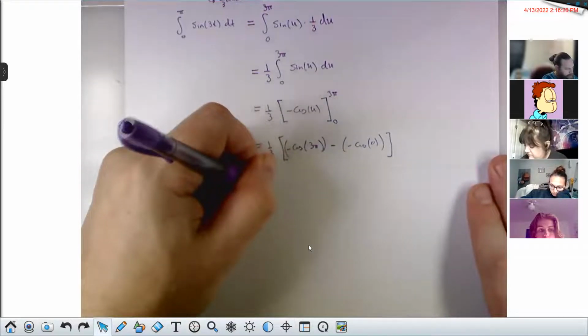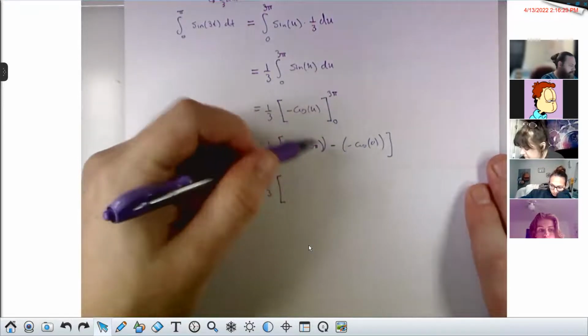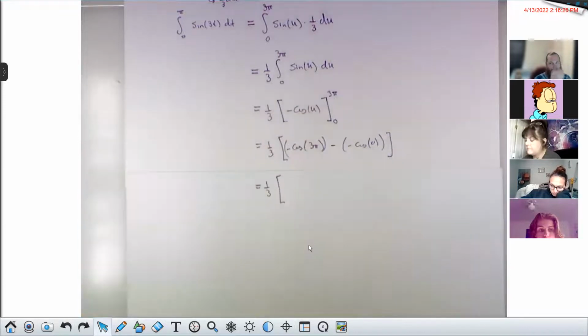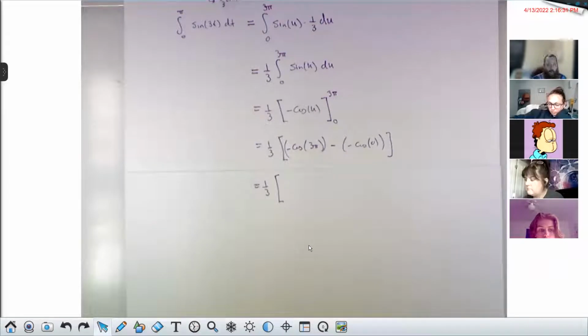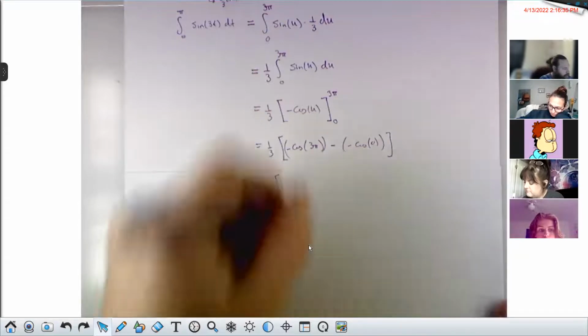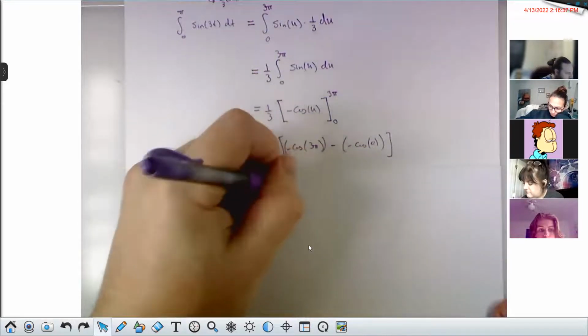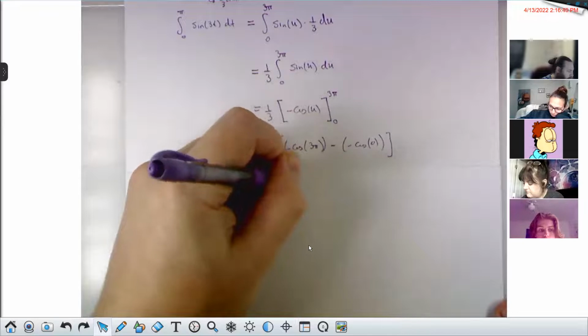Which is 1/3 times, let's see, the cosine of 3 pi. What is that? -1. Very good, right? That's like walking around the unit circle 1.5 times. So this is -1, which is +1. I'll just write it like that.